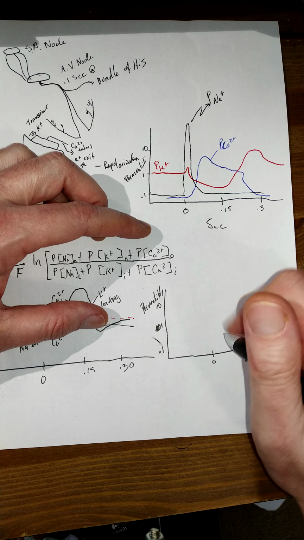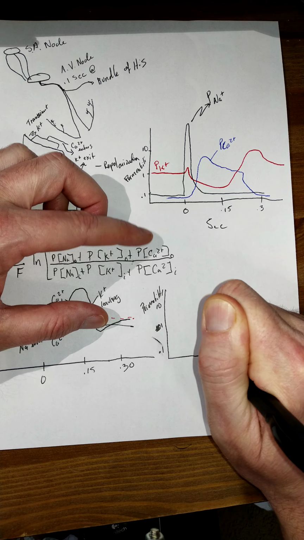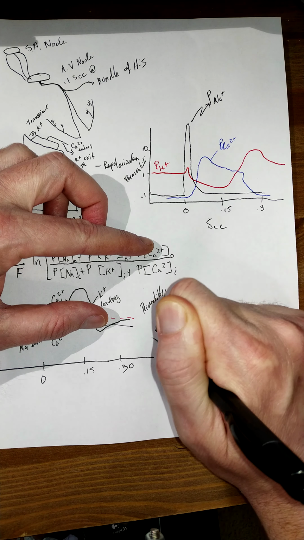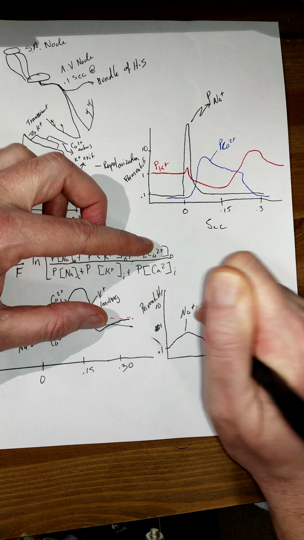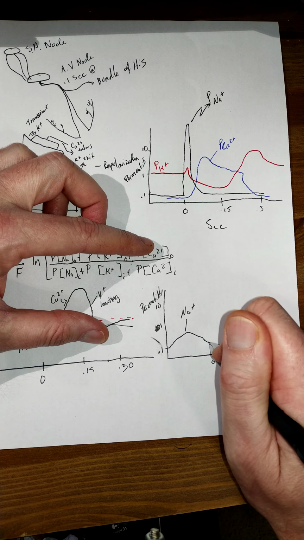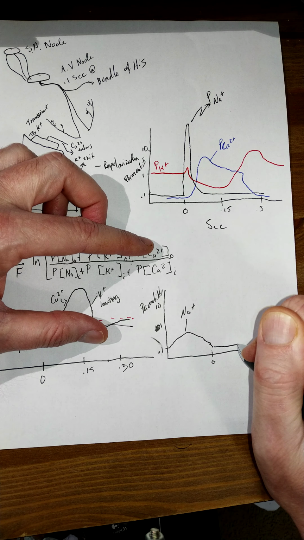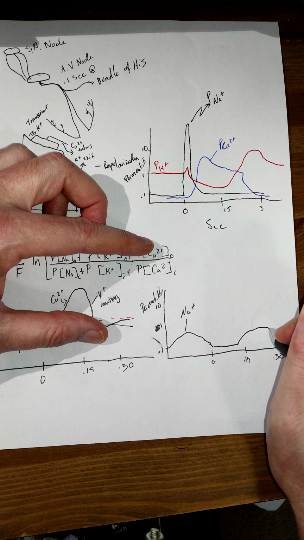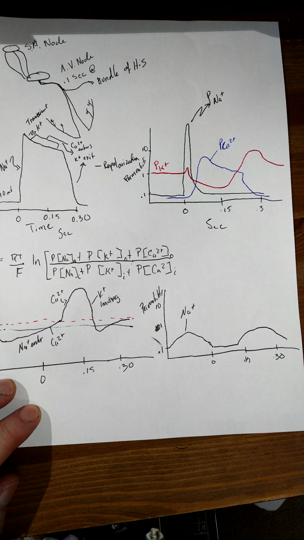So let's start here. At 0, and then we have a small period, and then like so. That's our sodium flux through a sodium channel.